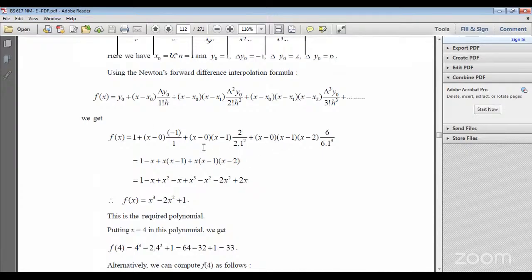So I am applying the values here, x minus x naught by 2, and x minus x naught, x minus 6 by 6, we are taking here.